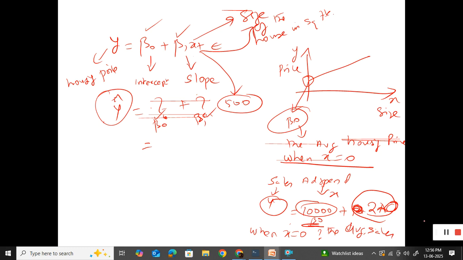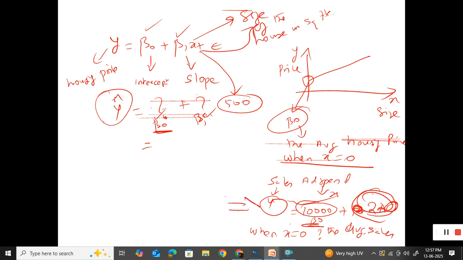Okay, next one is slope. So this is fine, now you are pretty clear. If I don't spend any money on advertisement in this example, I am still going to get some revenue. When x equal to 0, the estimated average sales is 10,000 in this example.